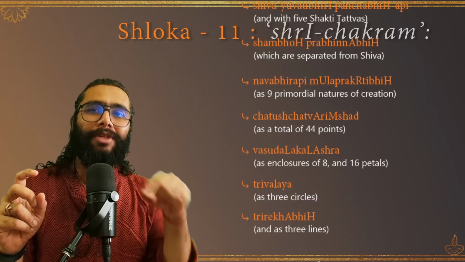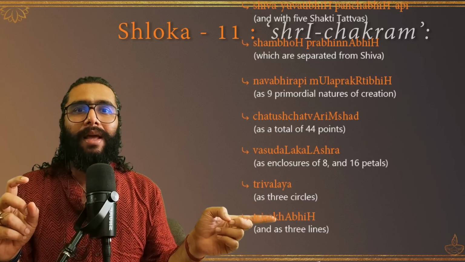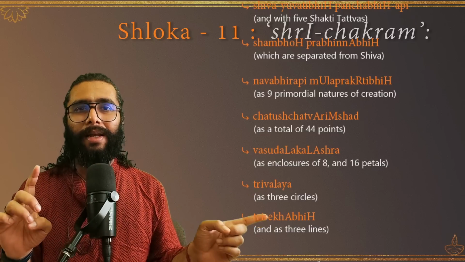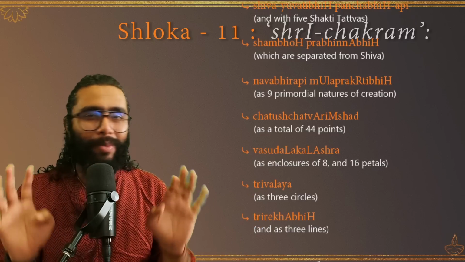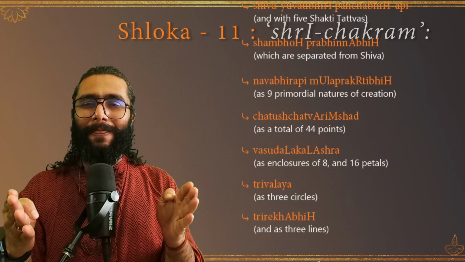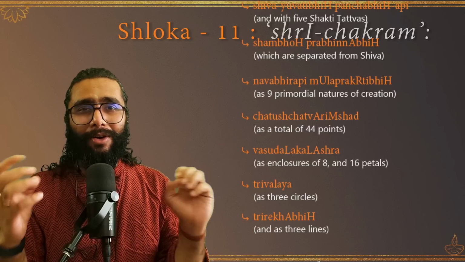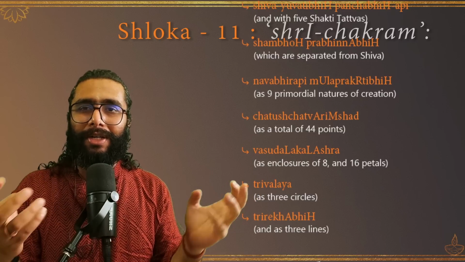Trivalaya, with 3 circles, Trirekhabhihi, and 3 lines. Rekha is a line, Valaya is a circle. So this is a very, very geometrical, physical description of the aspect of Shiva and Shakti.